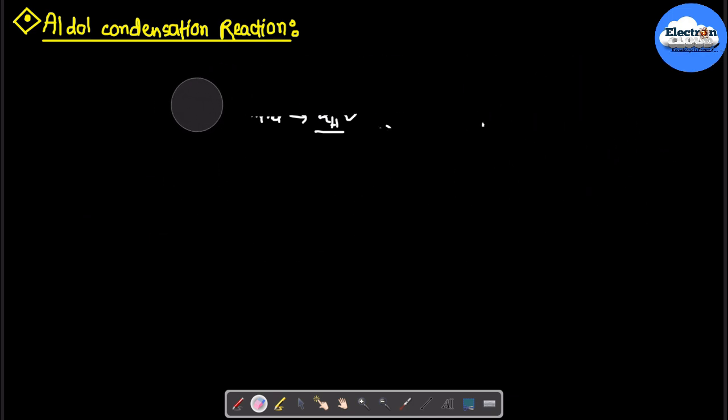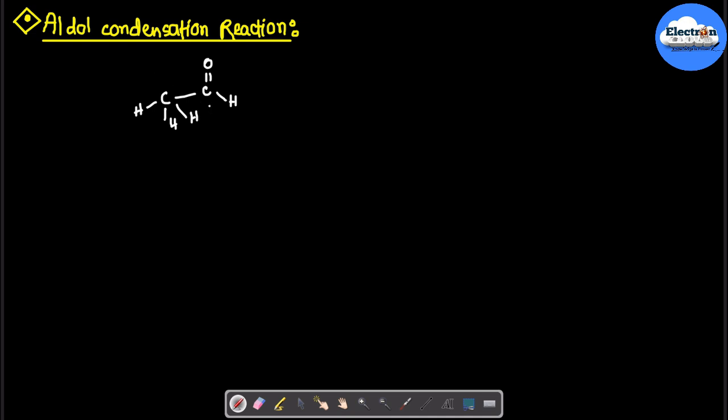If I give an example of a compound like acetaldehyde, CH3 with the hydrogens expanded, bonded to C=O and H, so overall an aldehyde functional group. Now this carbon atom is the functional group, and the adjacent carbon atom contains 3 alpha hydrogen atoms.